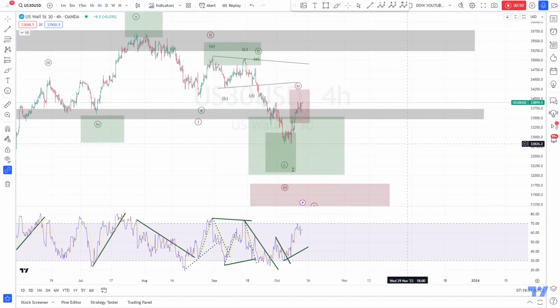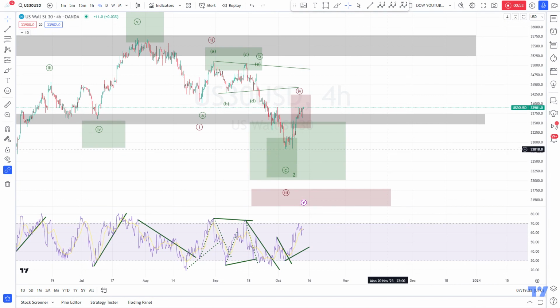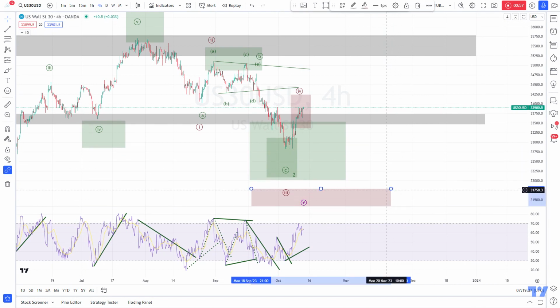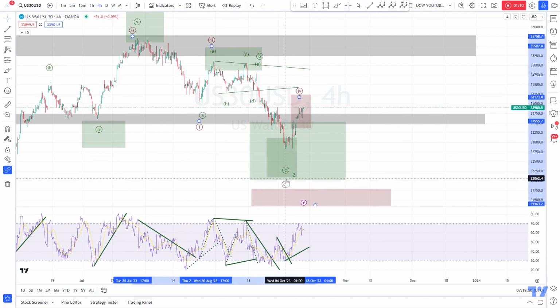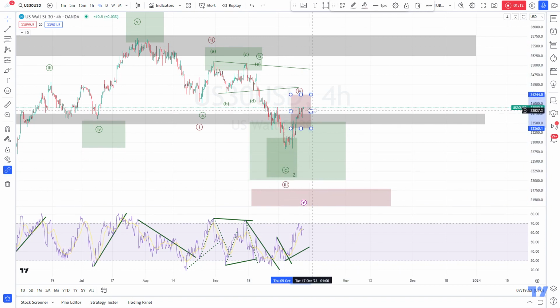If you want to have more details on this scenario, please have a look at my higher time frame analysis, but the idea is that we should go here into this area as 5 waves, and then what we get is wave one here, the wave two, this is the wave three, the three right here. And so now we are in wave four area.